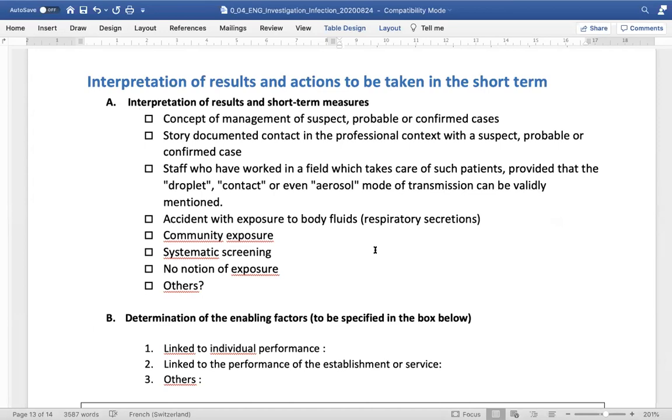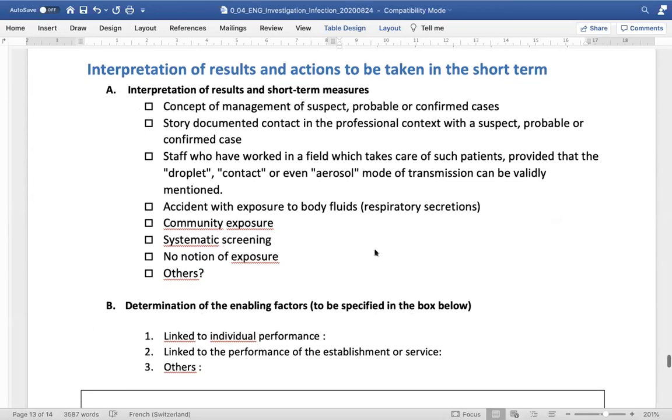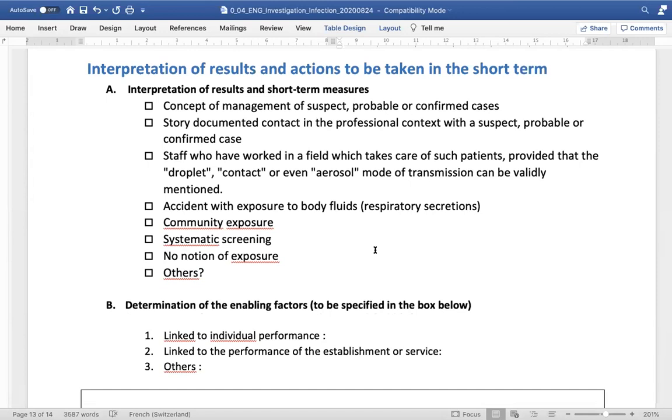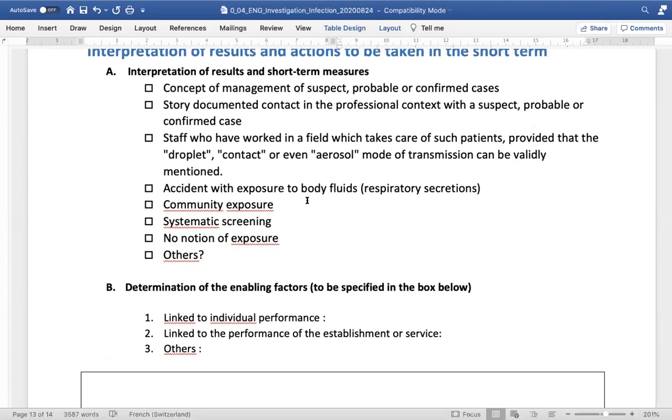I'm sure every country has some guidelines on how to identify suspect, probable, or confirmed case. It also helps you to document correctly what has been done. The staff who have worked in the field which takes care of such patients are provided with the necessary education and guidance in order to prevent transmission of these infections.